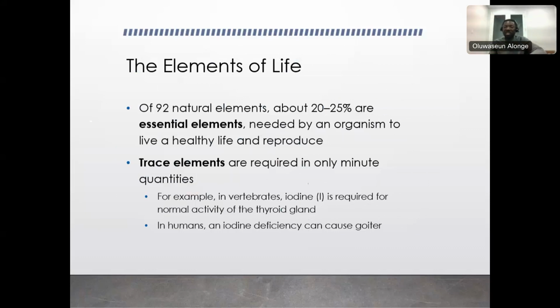Those are essential elements, elements that an organism cannot do without. Then we have some elements that, even though they are important, are required only in trace amounts, a very small quantity. An example is iodine. You have iodine in some salt, and that is actually the only source of iodine that we eat.